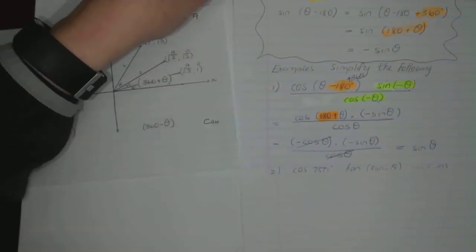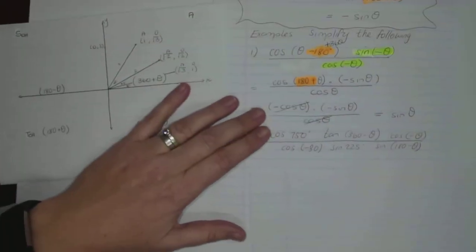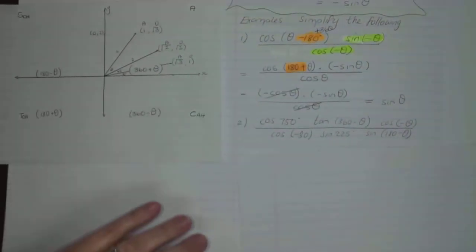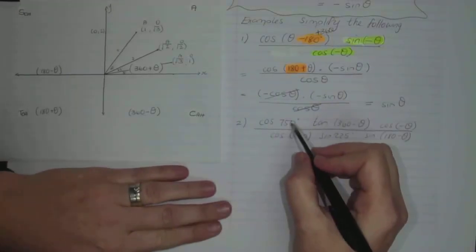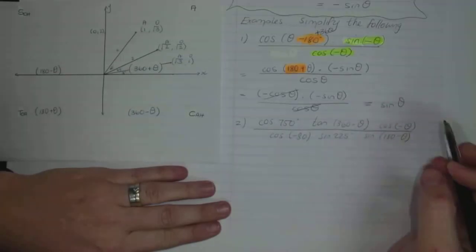Okay, so what do I do if I add some real angles in there with the thetas? Okay, I try to make you nervous. There's no need for you to be nervous. Right, so if I look at 750, what do I know?